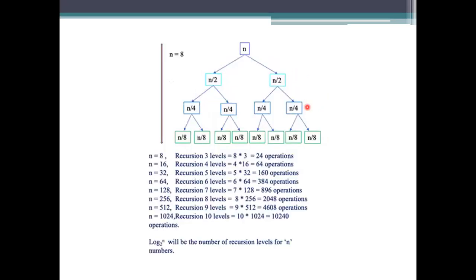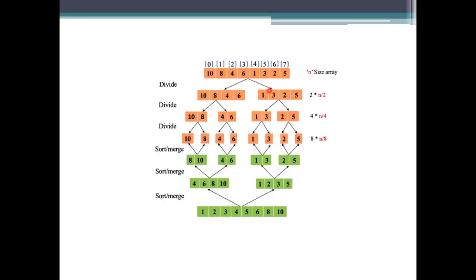This can be executed in iteration format, and also in recursion format. When n is equal to 8, meaning 8 values are there, how many levels are there? If the array consists of 8 values, the number of levels will be 3.